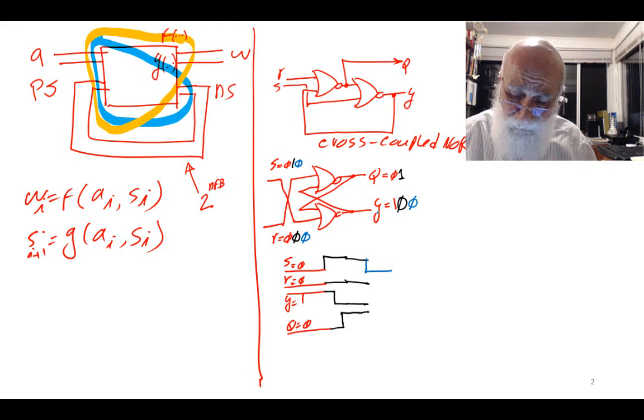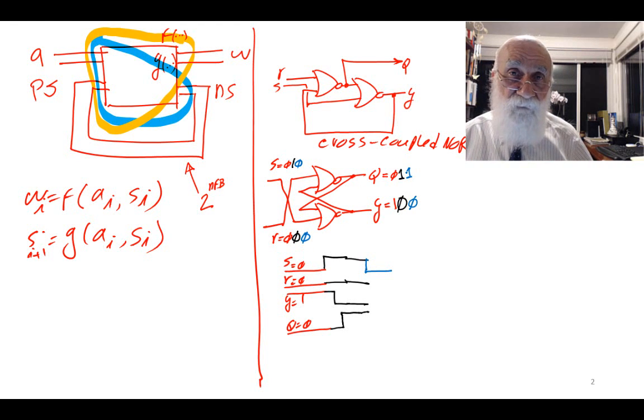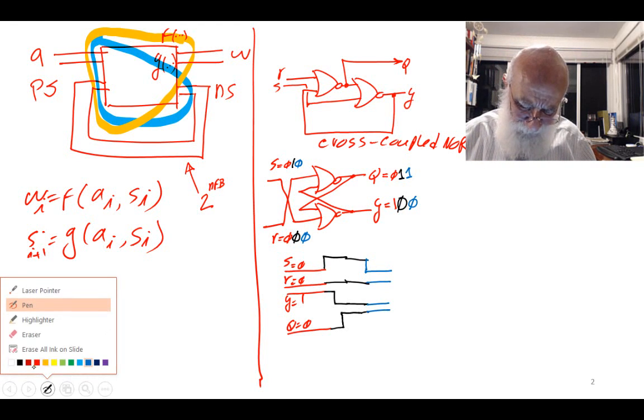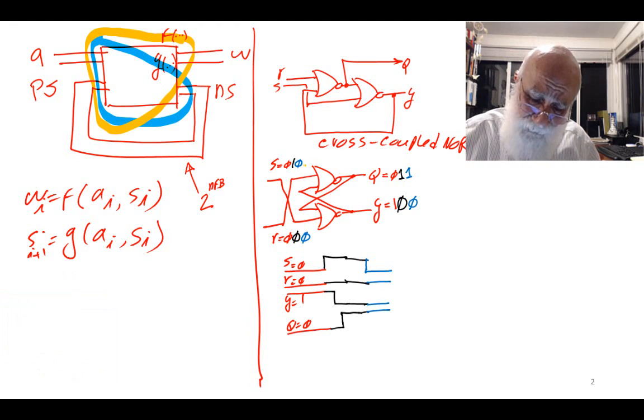And then the 0 on the upper input of the upper gate keeps my output at 1. So what it means is, even though this became 0, no change happens here. This is going to continue until I start doing something different. I'm going to keep this 0.